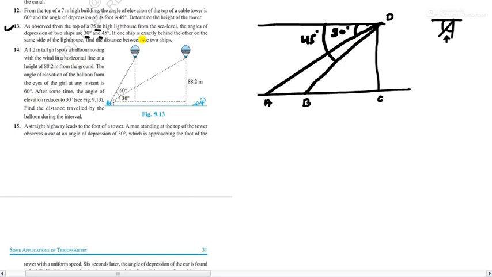Now they have asked what is the distance between these two ships. So you need to find the length of AB. We don't know AC. Also BC is unknown. But they have given the height of the lighthouse. This value 75 meter. So see here.